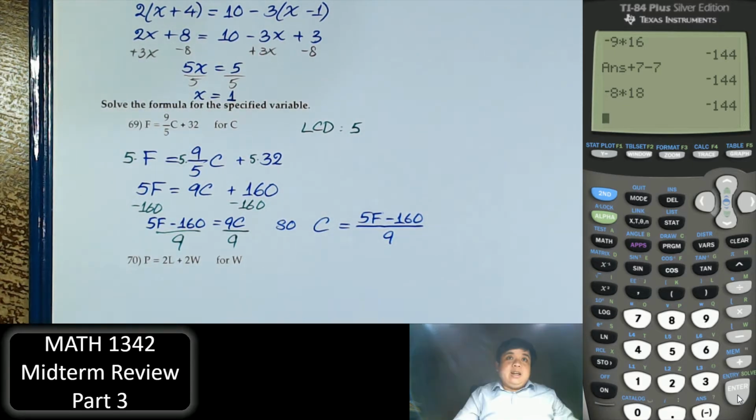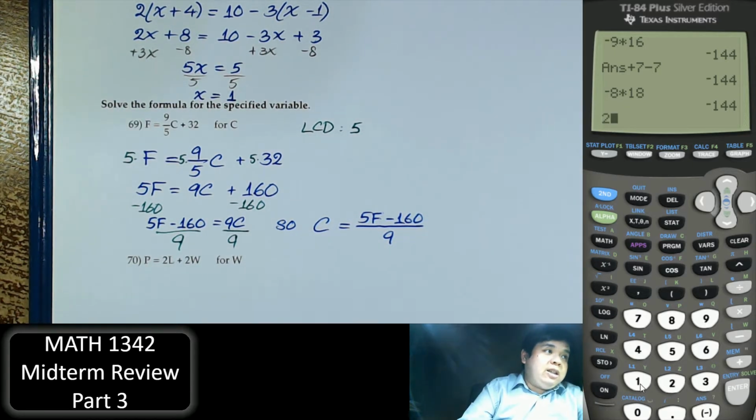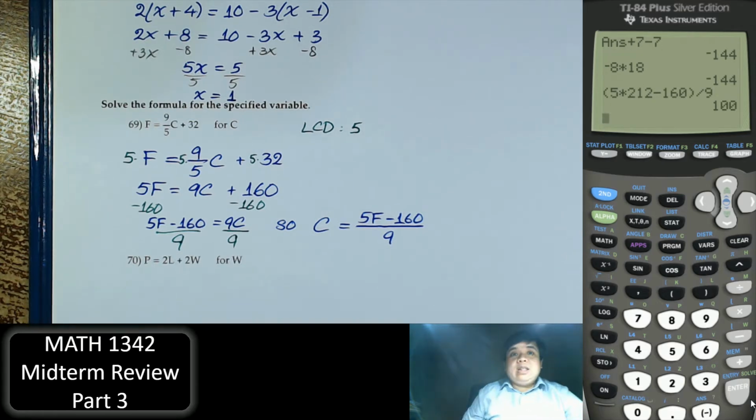An example of that is if we have 212 degrees Fahrenheit, 5 times 212 minus 160, divided by 9, that is equivalent to 100 degrees Celsius.